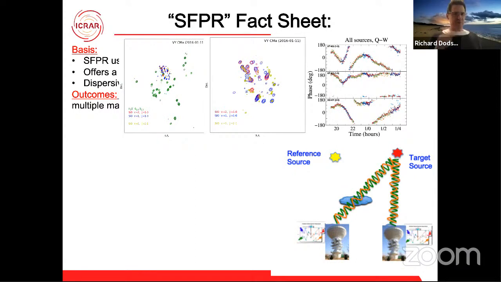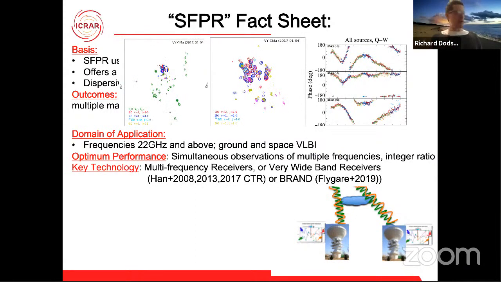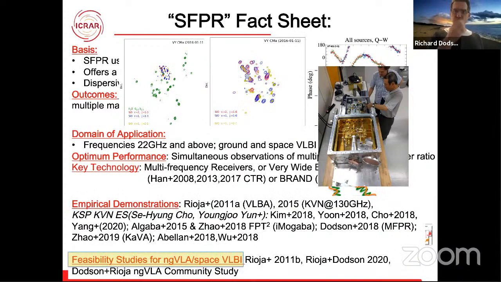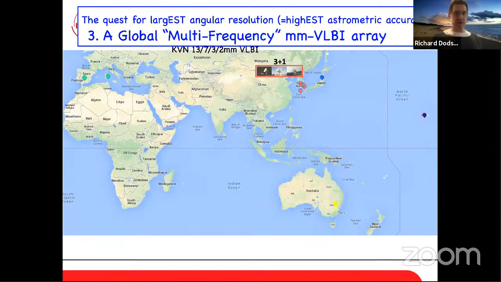There have been lots of demonstrations from the KVN. They're building this compact triple band receiver, which is being bought by a number of the European telescopes, and there are lots of demonstrations and some feasibility studies. The global millimeter multi-frequency VLBI array is growing. There's KVN, plus then there was Yebes.